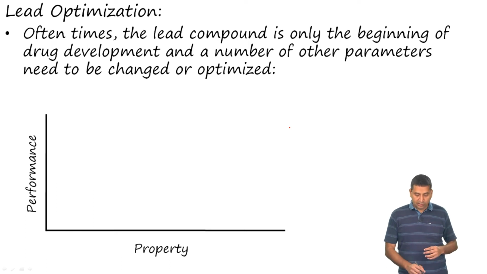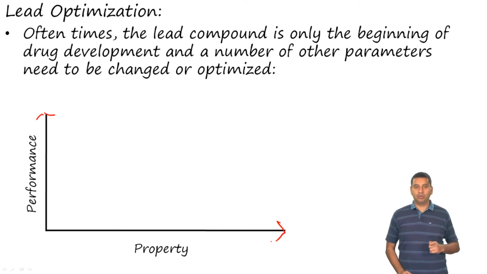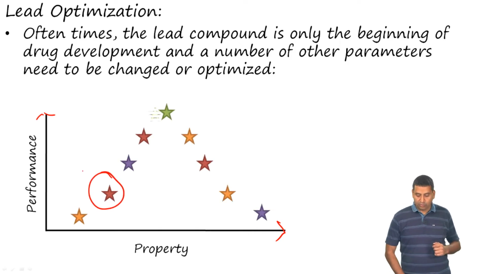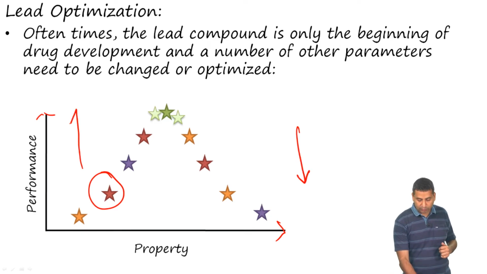For example, in this plot of performance versus property, with the desired property that we want to look at, you start with the lead compound over here, and then you make various modifications to the structure. Some lead to a decrease in performance and some lead to an increase in performance.